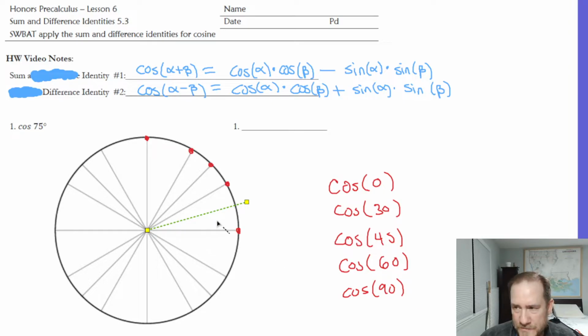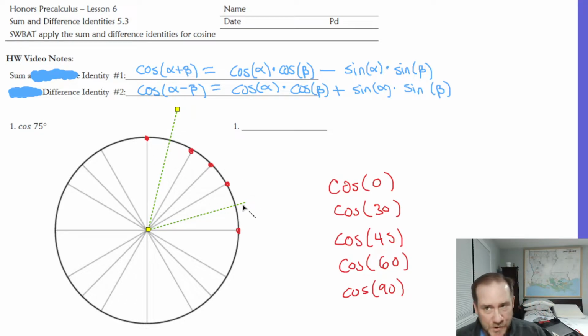Now you could find the cosine of 15. Or, more to the point, the actual question on the paper, cosine 75, that would be this angle here, the one that's right smack dab between 60 and 90. So suddenly we have all the 15-degree incremental angles of quadrant 1. We could find them all now.